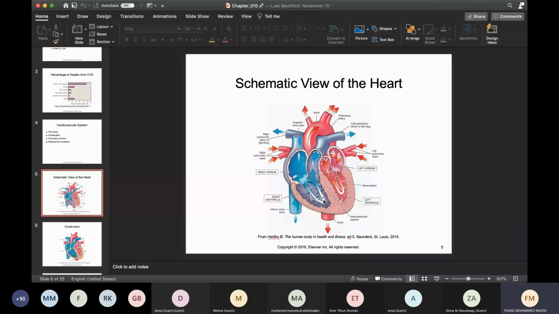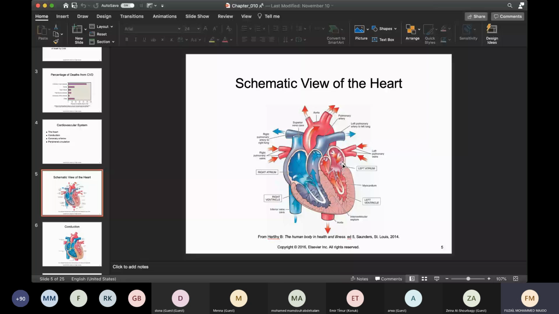Pulmonary trunk delivers deoxygenated blood to the lungs. The aorta is receiving freshly oxygenated blood. And remember, the first organ to get this oxygenated blood once it leaves the left ventricle is the heart itself by way of the right and left coronary arteries, okay?